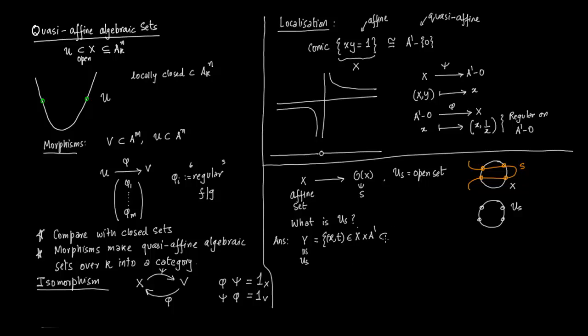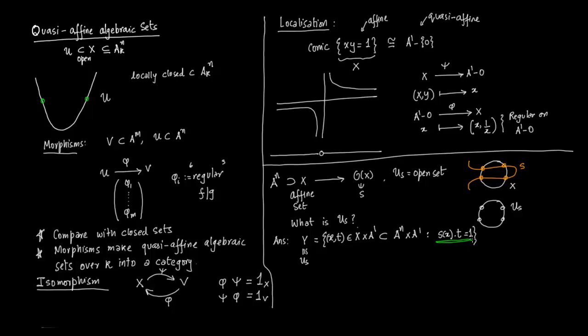This is a subset of A^n times A^1 because X is a subset of A^n, such that we have S(x), which is the original polynomial we started with, times this t, which comes from adjoining A^1, is equal to 1.